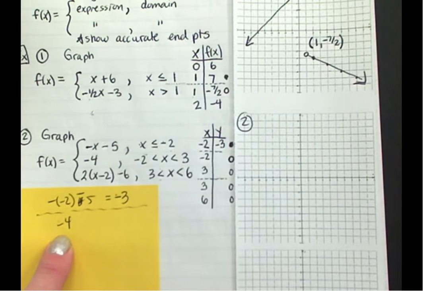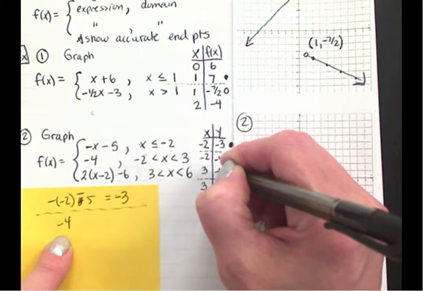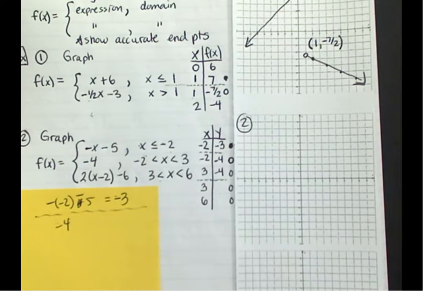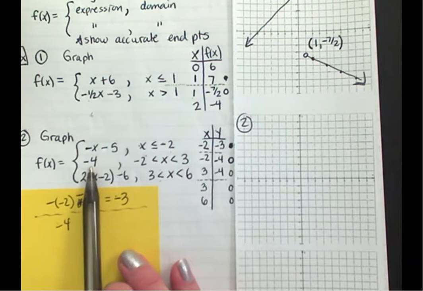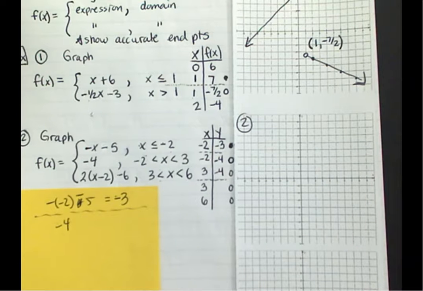There's no x value. There's no input. Yeah, just -4. Oh, it's a horizontal line with a slope of 0, you mean? Yeah, horizontal line with a slope of 0.